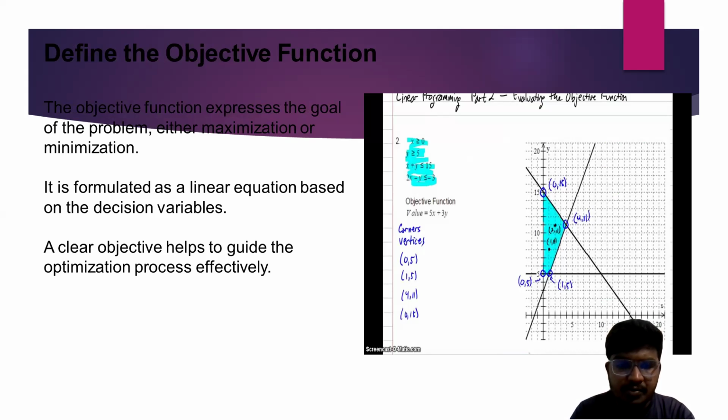A clear objective helps to guide the optimization process effectively. In this picture we are representing the objective function.